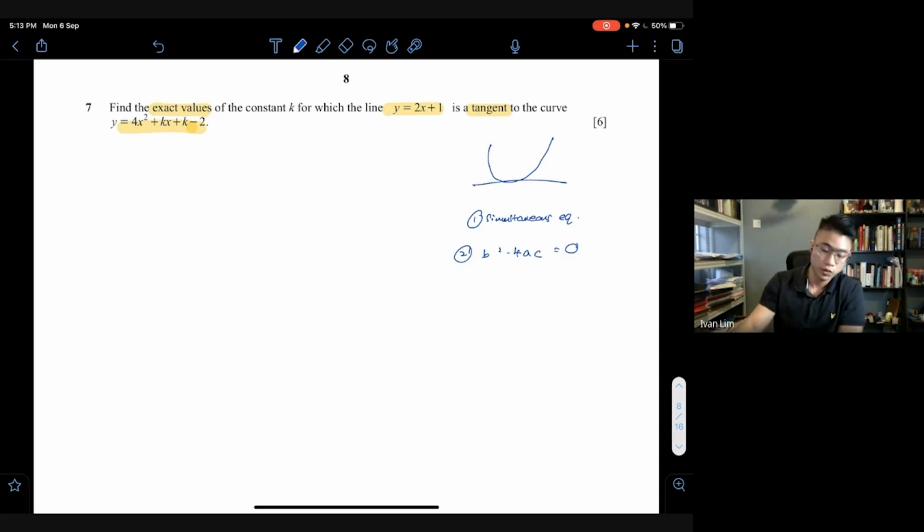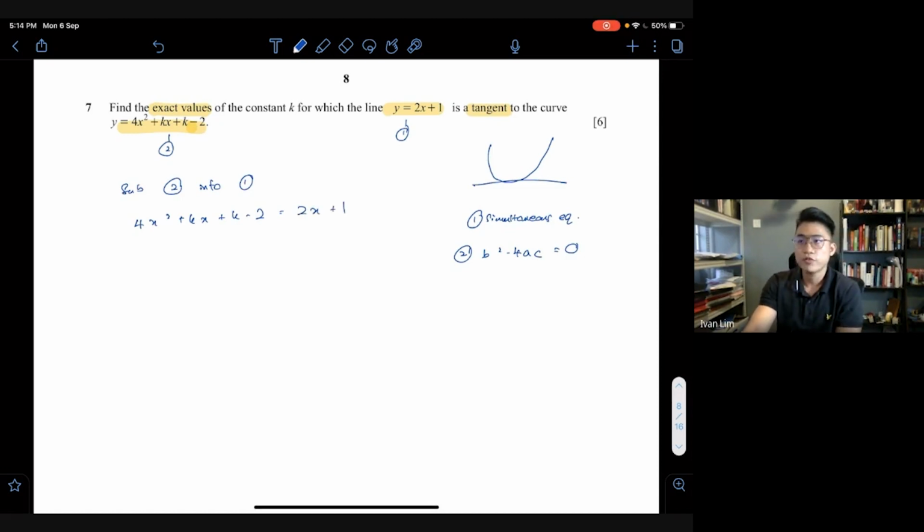Let's say this is equation 1 and this is equation 2. We sub equation 1 into equation 2 or the other way around. So 4x squared plus kx plus k minus 2 equals 2x plus 1.